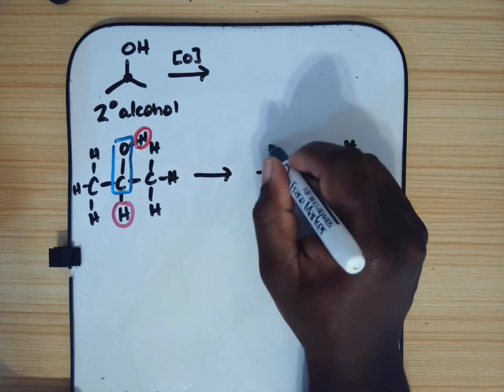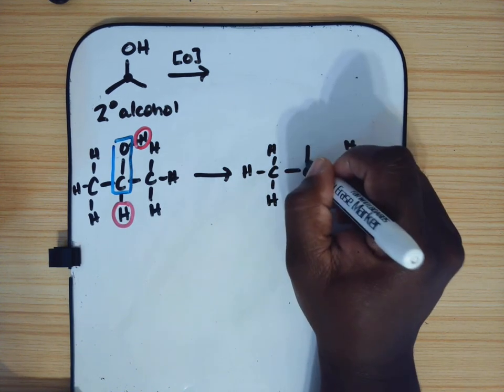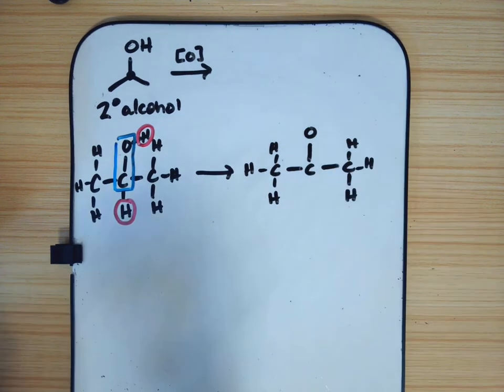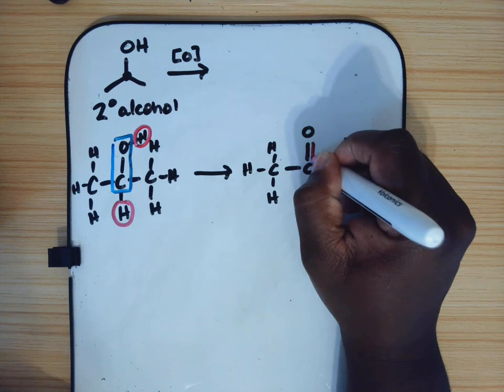But carbon 2, I still have a bond to that oxygen. However, when those hydrogen atoms were removed, they each took half of the bond. So the carbon and the oxygen both had half of a bond remaining that could then form a whole bond.